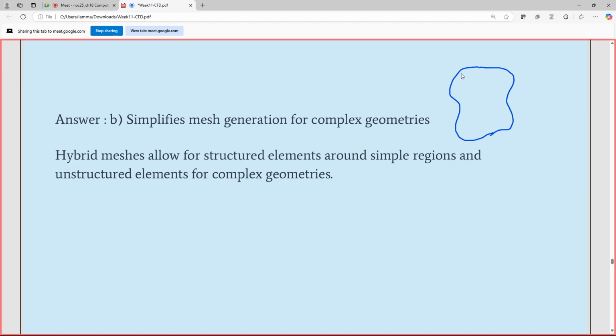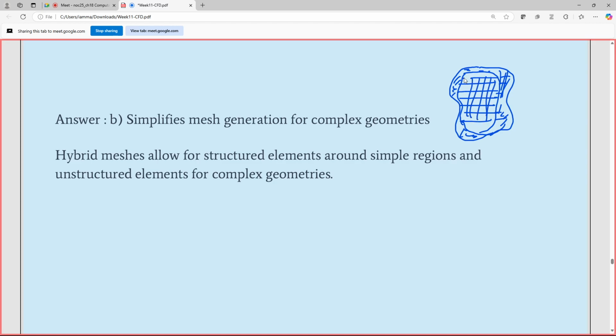Then the region near the boundary will be meshed using unstructured meshes to capture the complex boundaries, whereas the inside simple regions will be meshed with structured meshes.